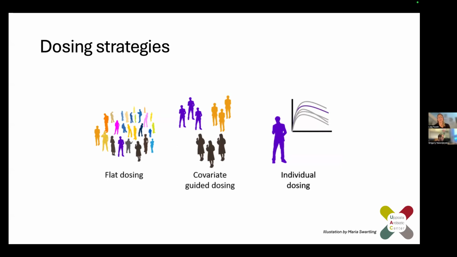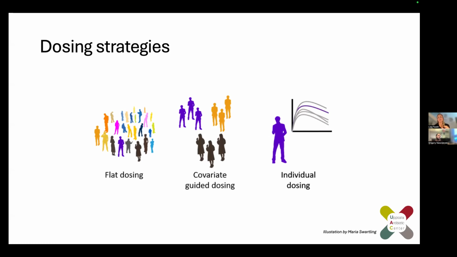In covariate guided dosing, we take into account different covariates, for example, if a patient is very obese or has renal impairment. Then we group the patients according to this, and we do that in certain situations and for certain drugs.